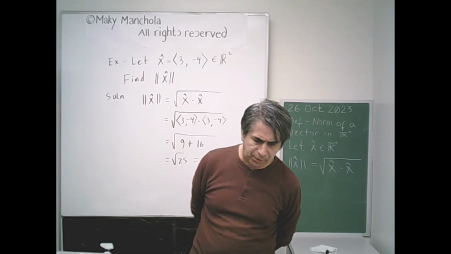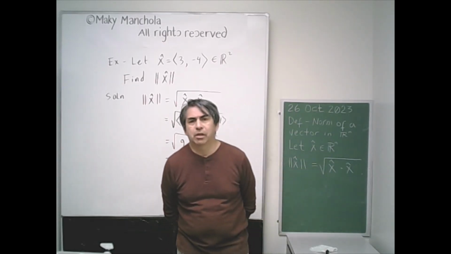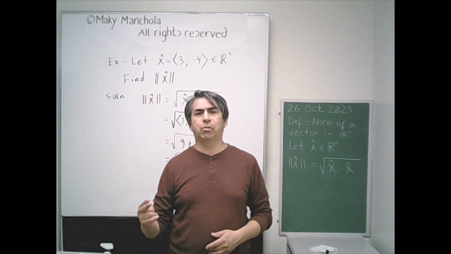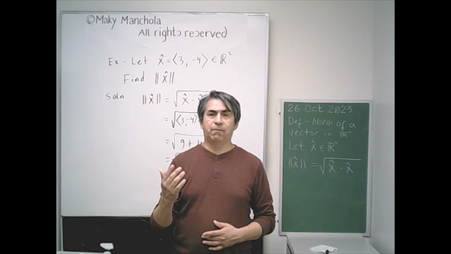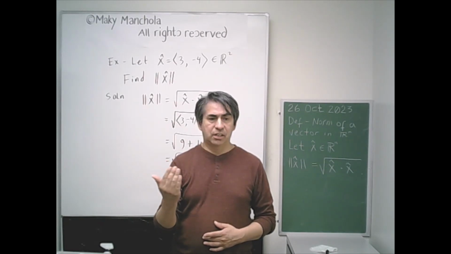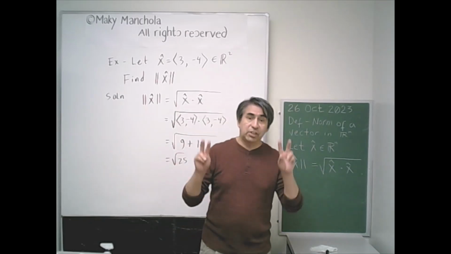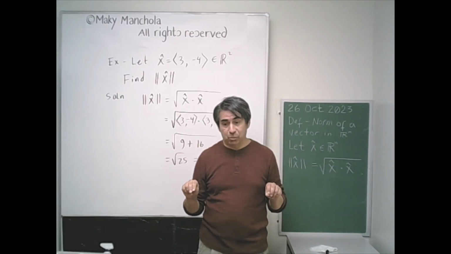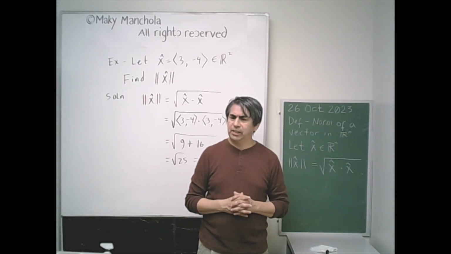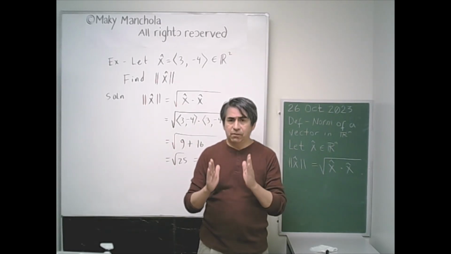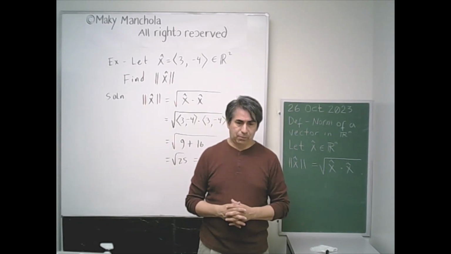So that's one property. Another property: if you find the norm of the scalar multiplication of a constant and a vector in Rn, what you will get is the absolute value of the constant times the norm of the vector.